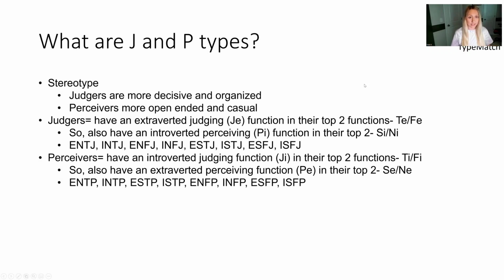First of all, let's talk about what J types and P types are, because there's this stereotype that if you are organized and decisive, then you are a J, and if you're more open-ended, casual, relaxed, then you are a P. Like most stereotypes, this does have some basis in reality, although I would say that the organization part in particular aligns with the trait orderliness in the Big Five.